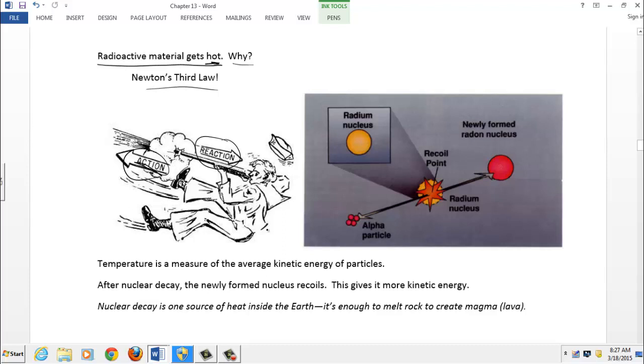Well, same idea in the nucleus. You got this radioactive atom, the nucleus rather, and all of a sudden it's going to kick out an alpha particle if it's undergoing alpha radiation. That goes flying out in one direction. That's your action force. And then there's a recoil. The nucleus moves backwards as this alpha particle gets shoved out. And how's this shoving force happening?